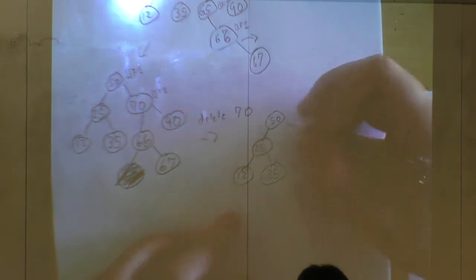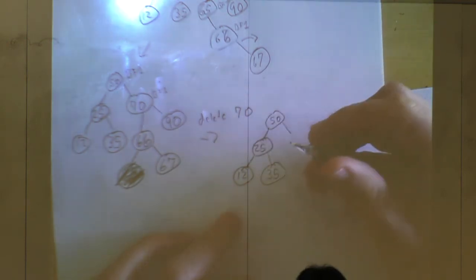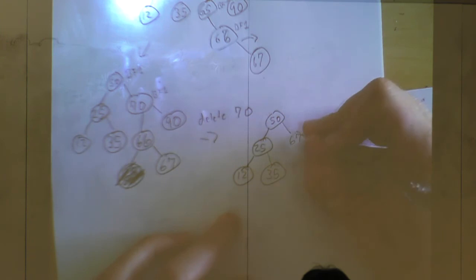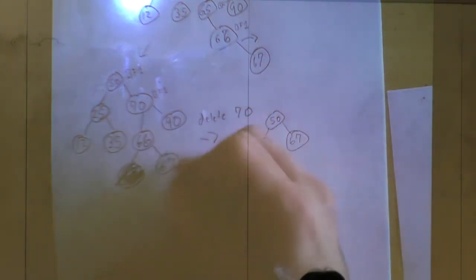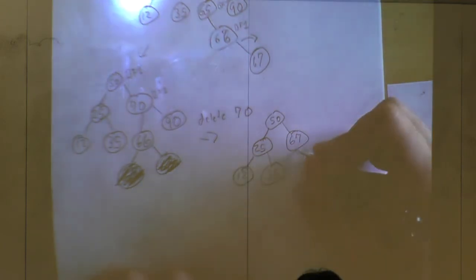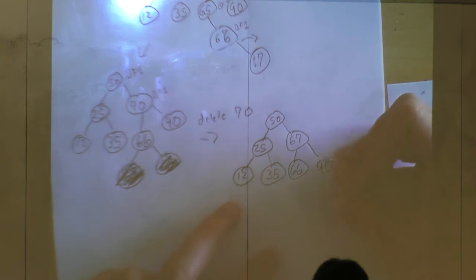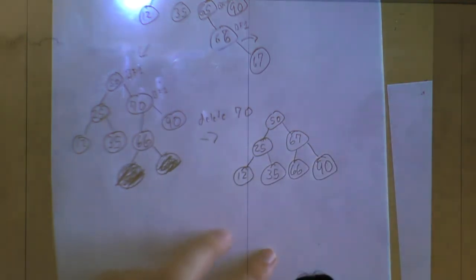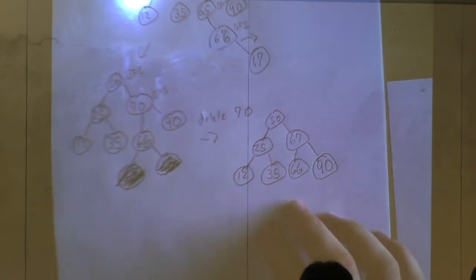So we're going to get 67. We're going to pull up 67. And then this one's going to go away here. And we're going to say 66 is here, 90 is here. Now, is the tree still balanced? Yeah, right. So that works out fine as well.